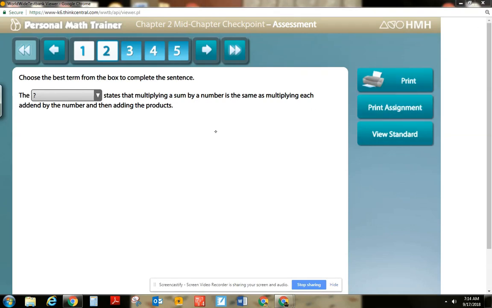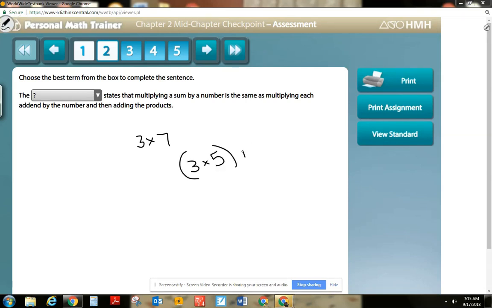Number 2. The blank states that multiplying a sum by a number is the same as multiplying each addend by the number and then adding the products. Okay? We have our same 3. So what it's really saying is that 3 times 7 is the same as doing 3 times 5, right?